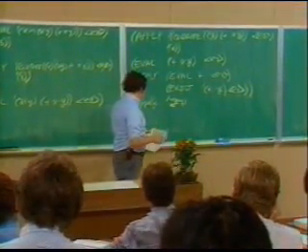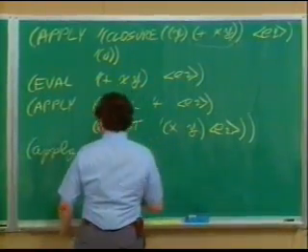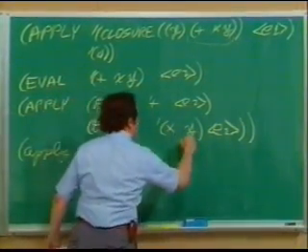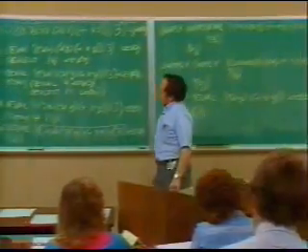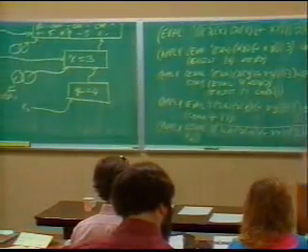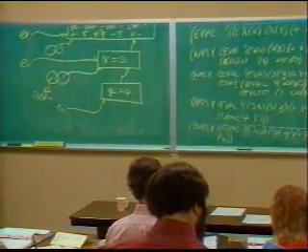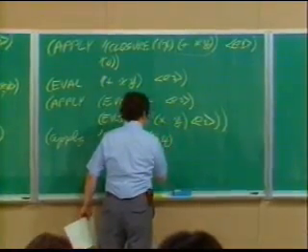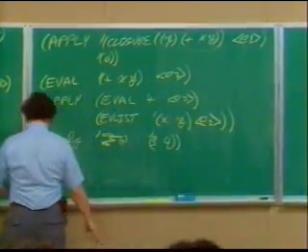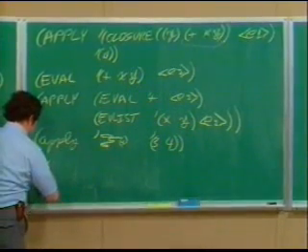Apply that to the result of evaluating x and y in E2. But we can see that x is 3 and y is 4. Okay, so that's 3 and 4 here. And that magically produces for me a 7.